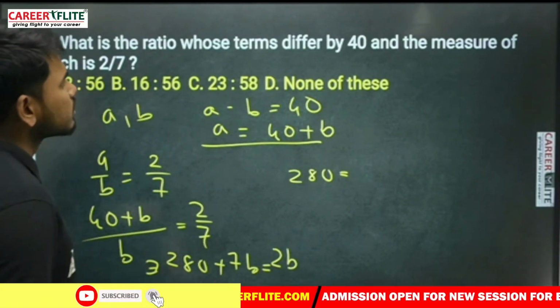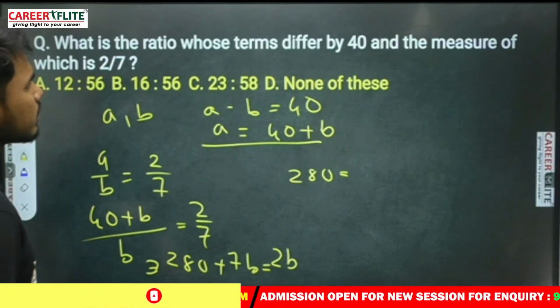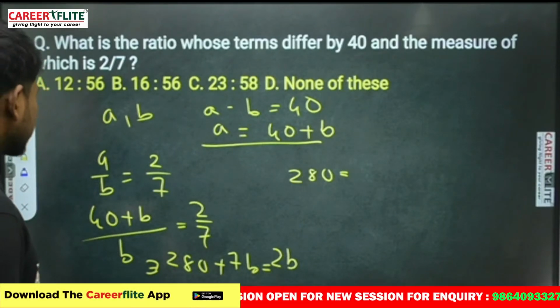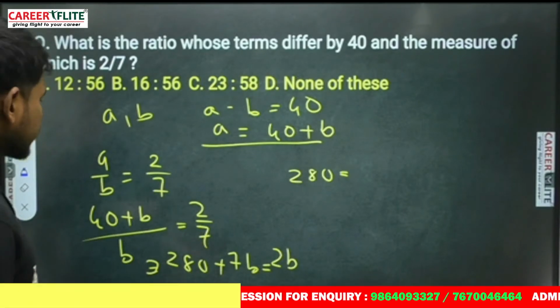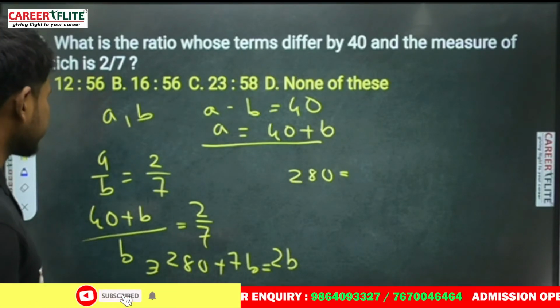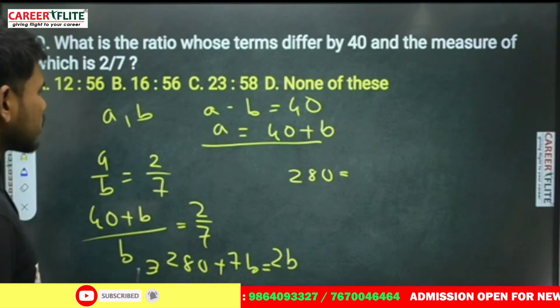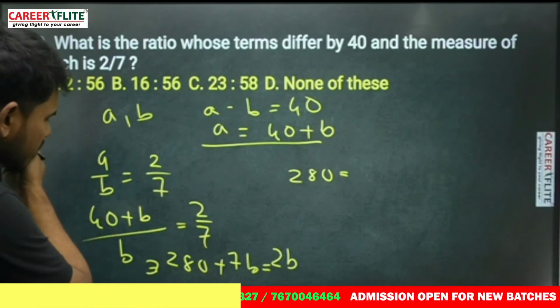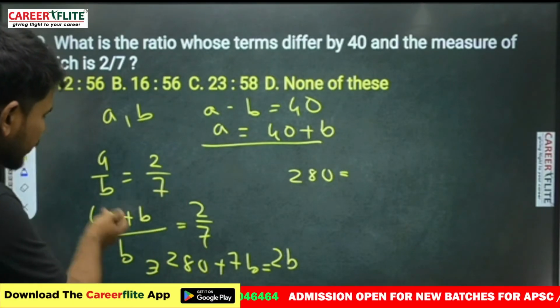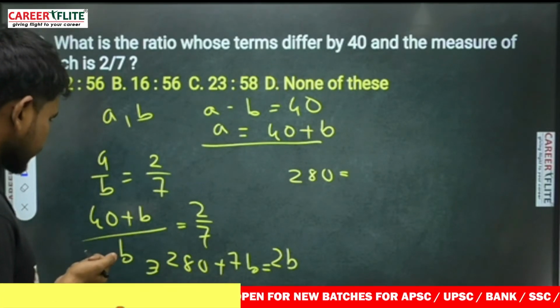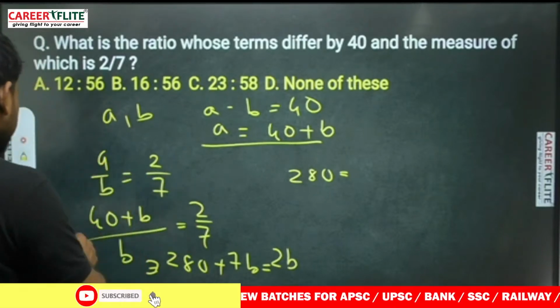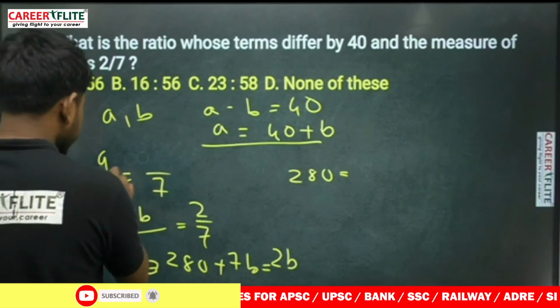The measure of which is 2 by 7. This was given A by B is 2 by 7. We got A to be 40 plus B. 7 into 4 is 28, 280 plus 7B. Okay, it will be other way around.